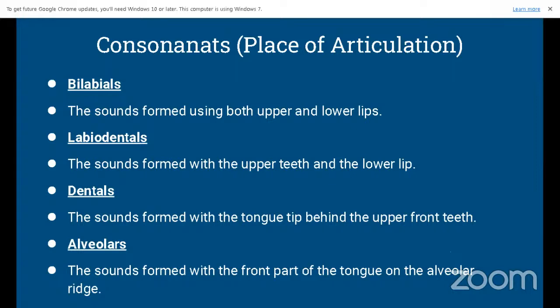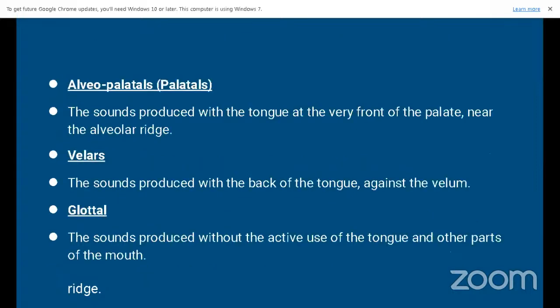What is this alveolar ridge? The place right behind the front part of the teeth. You find some hard grooves in that palate, in the upper jaw. Did you notice it?